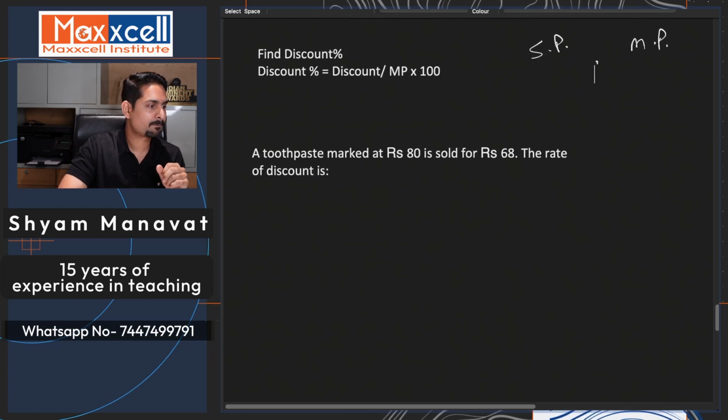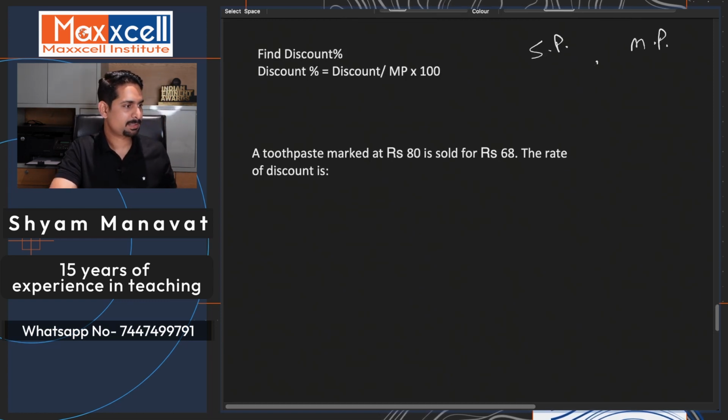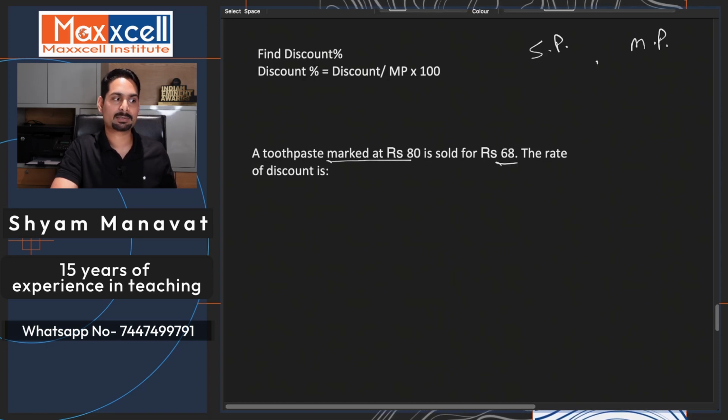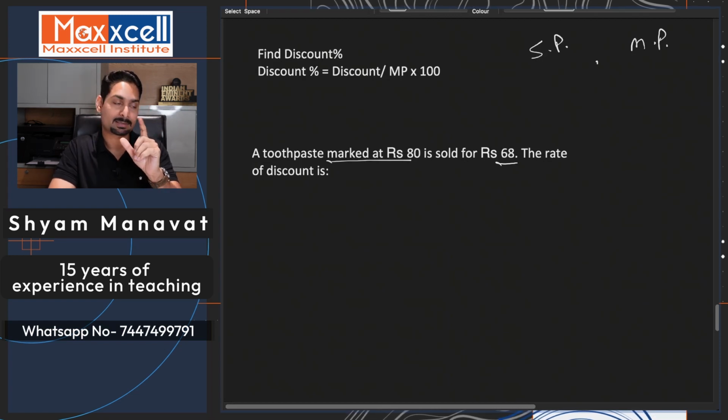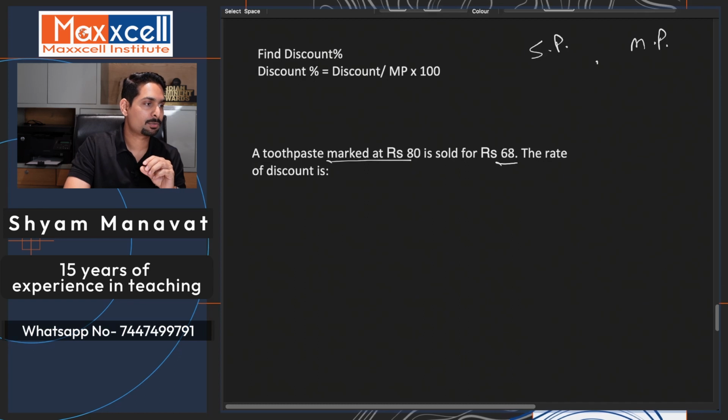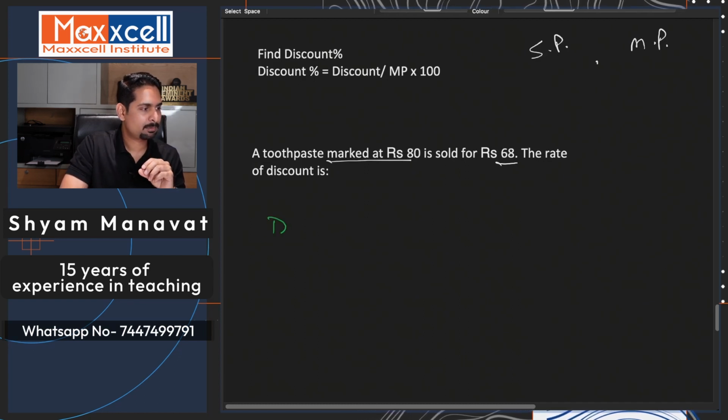Discount percentage. A toothpaste marked 80 rupees is sold at 68. What is the rate of discount? Rate of discount or percentage discount is one and the same thing. So what is the difference between 80 and 68? Yes, correct, 12.